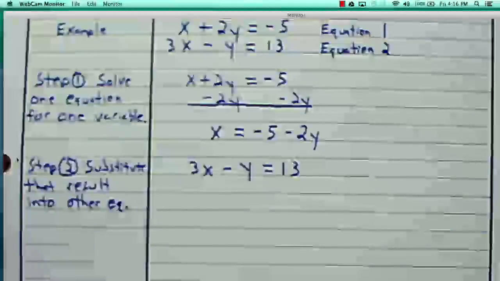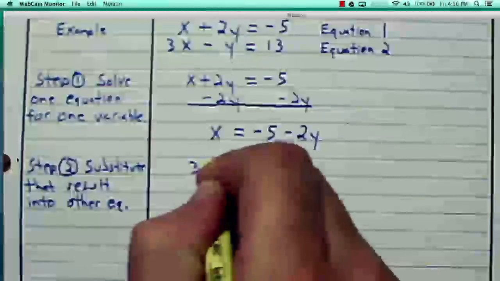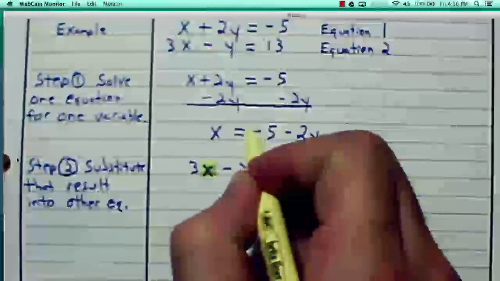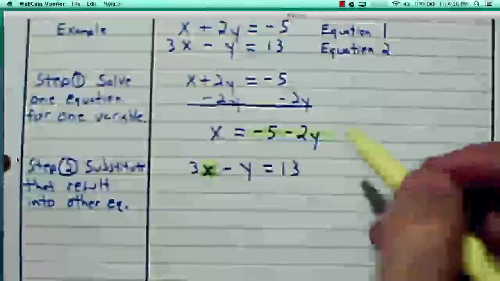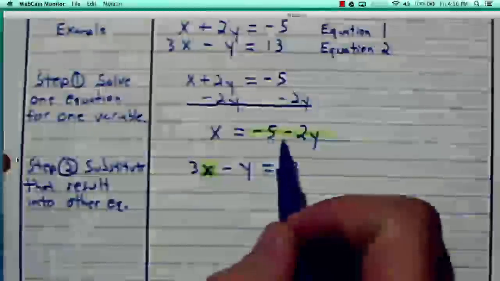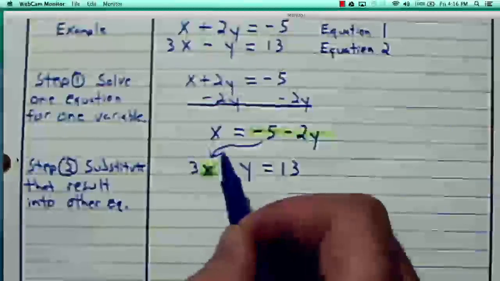Well, here I have the variable x. On the right side of my equation, I know x is equal to this. So I'm going to take -5 minus 2y and substitute it right here in place of x.